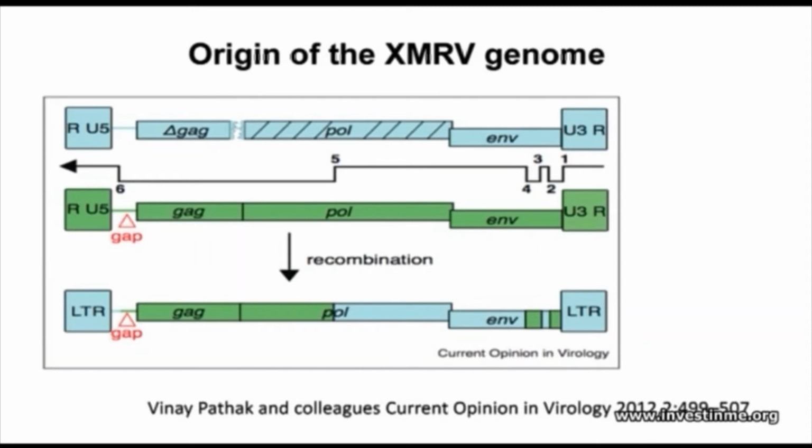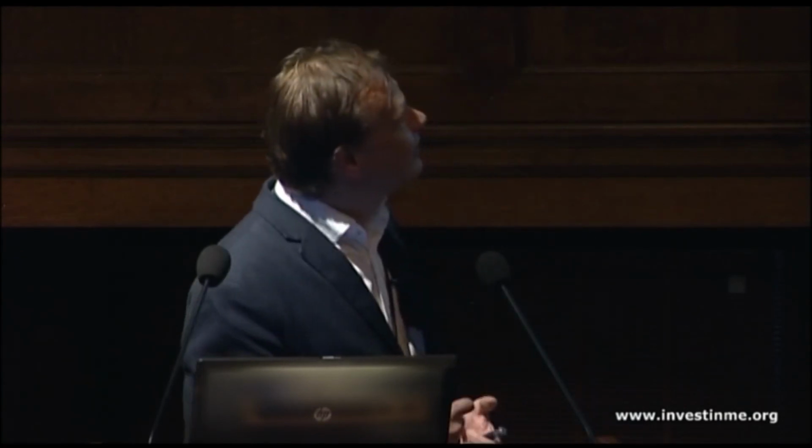Then during the process of reverse transcription, the virus jumps between these 2 strands to make its DNA molecule, leading to a new virus referred to as a recombinant. The chances of those switches occurring at those specific 6 points on 2 occasions, Vinny calculated to be 10 to the 12. I'm not sure about Vinny's maths in that regard and how he worked that out, but it's certainly a very large number.